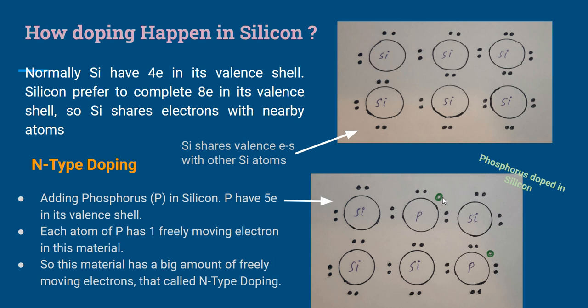This 5th electron will move freely in the material, and as we are not adding only one atom but maybe millions of phosphorus atoms in silicon, each phosphorus has one electron freely moving. Finally, in n-type doping we have a big amount of freely moving electrons. That's the reason it is highly negatively charged.